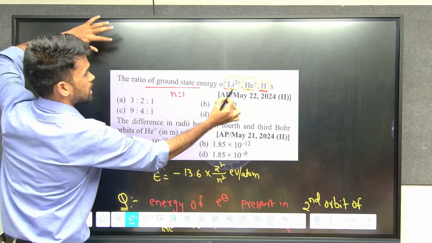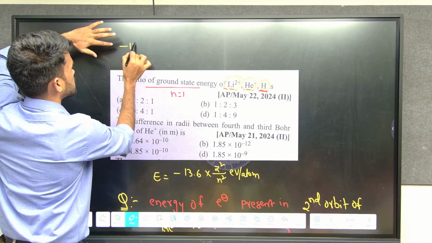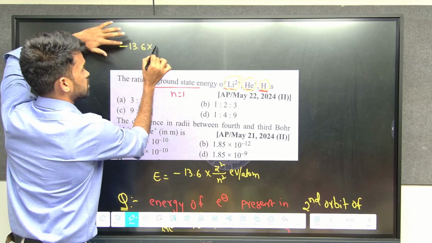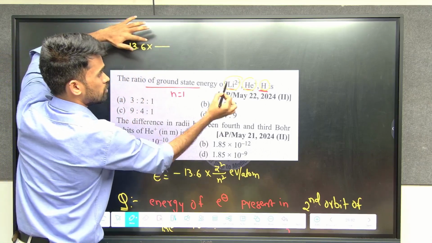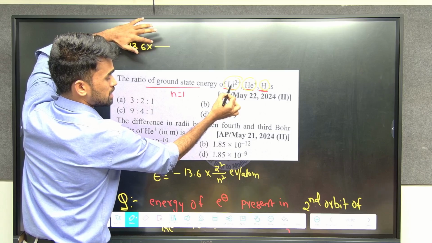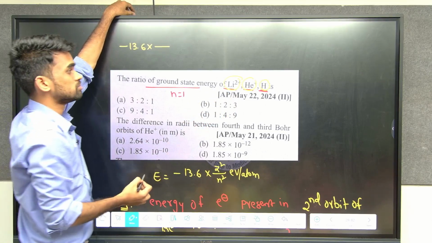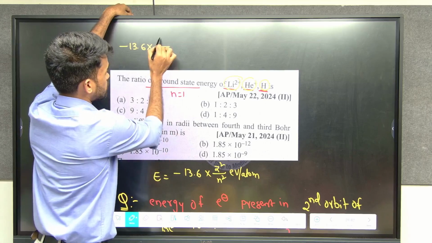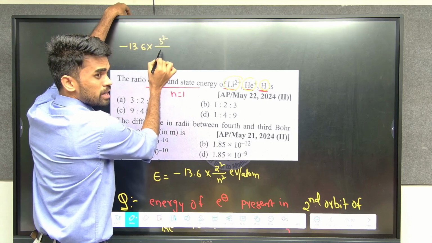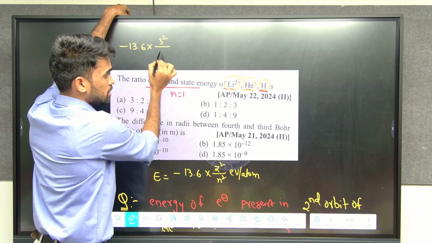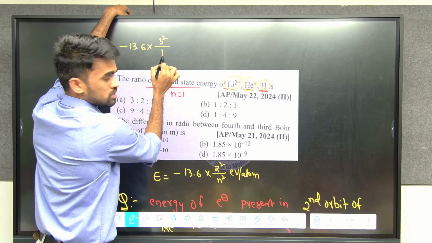What is the energy for lithium I should take? Minus 13.6 into Z square by n square. What is Z for lithium? The atomic number. Ground state means 1 square.